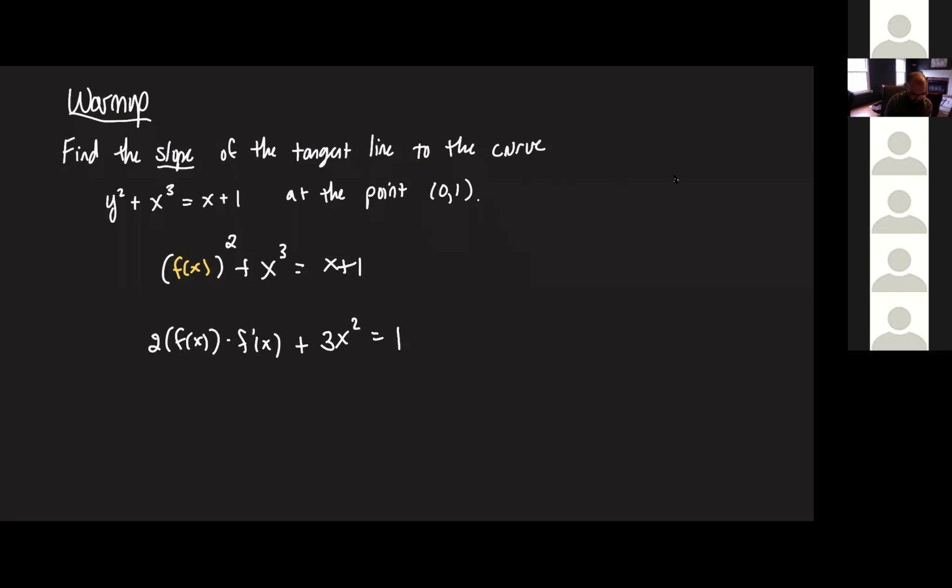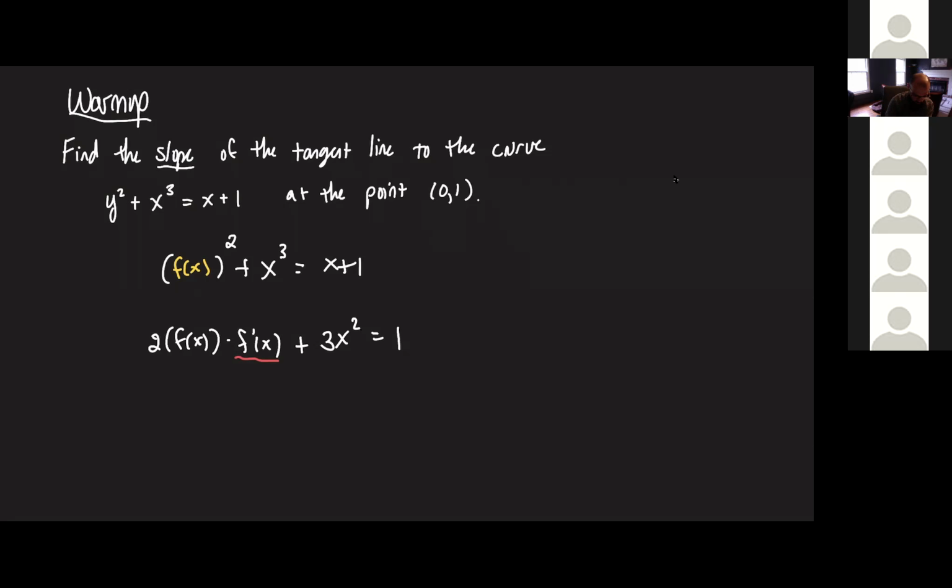So when I look at this, my whole goal now becomes to find all of these f primes. Now, in this particular example, there's only one f prime, but what we're going to see later today is there could be more. So I'm going to solve this for f prime, and then I'm going to get an expression that gives me my derivative, right? So I'm going to have f prime equals something else.